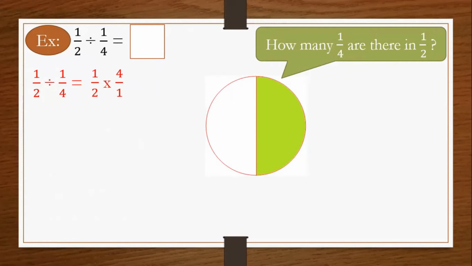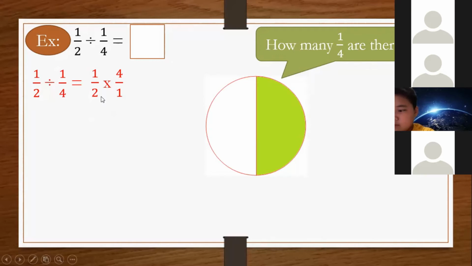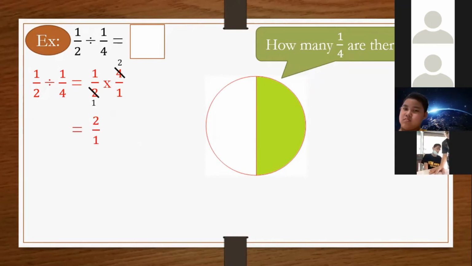Next step here, we'll solve this one. So we can use cancellation. We will cancel 2 and 4. 2 divided by 2 equals 1. Very good. How about 4 divided by 2? 2. Okay. So we cancel this number. 2 over 1 or 2, right?